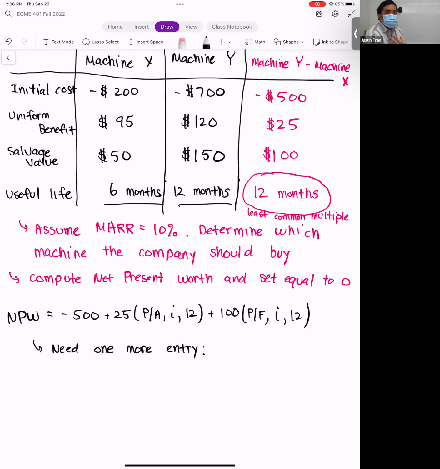And so whenever we do a least common multiple approach, remember the assumption that we make is that once a product reaches its end of life, we buy a replacement at the same cost as the original. Okay. And so the one more entry that we're going to add is that for machine X, we have to buy a replacement in month 6.